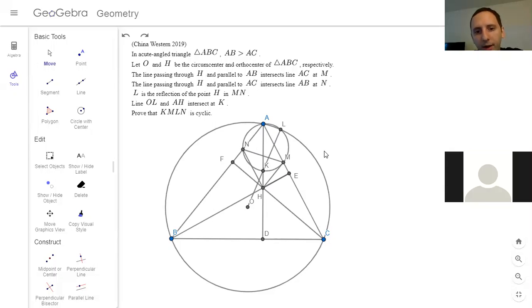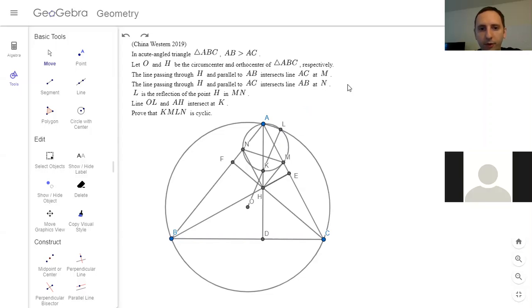So it has to be that ANML is an isosceles trapezoid, but how do we show that?